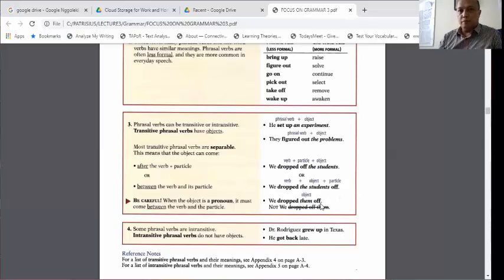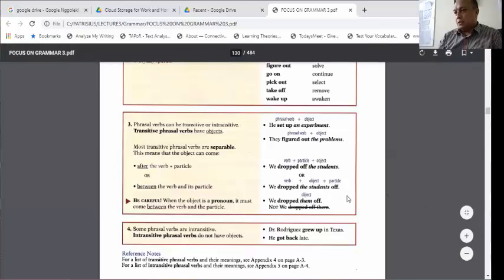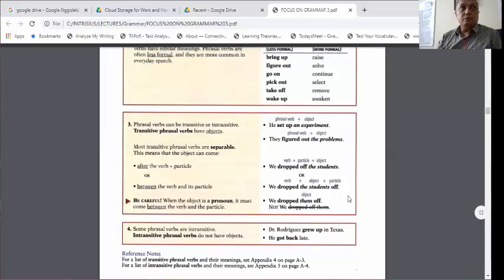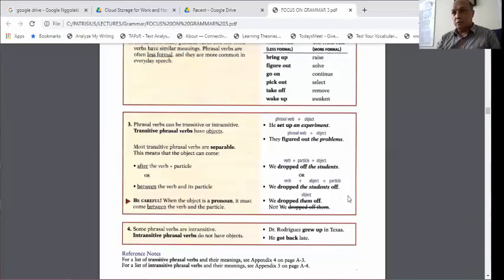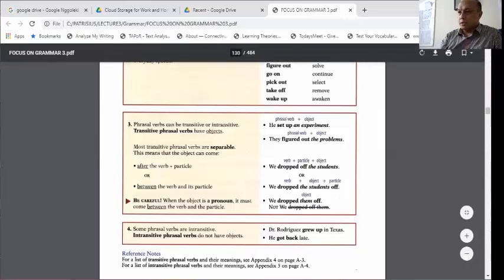We drop them off. Some phrasal verbs are like that. They can be separated, but some cannot be separated. The way you figure it out is of course by reading, and you'll be used to knowing which ones can be separated and which ones cannot be separated.